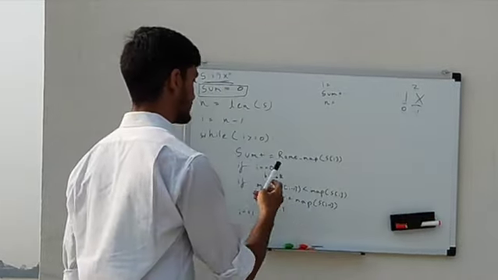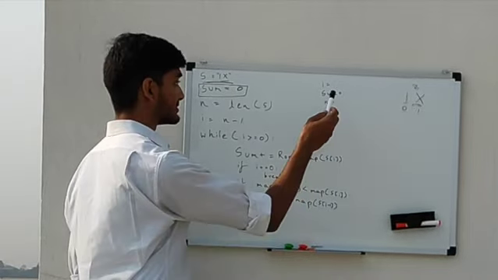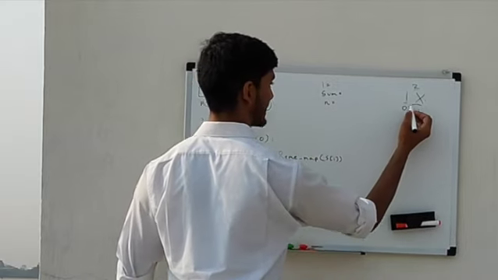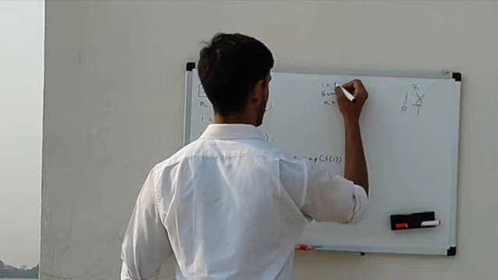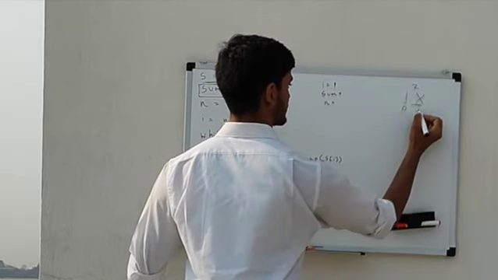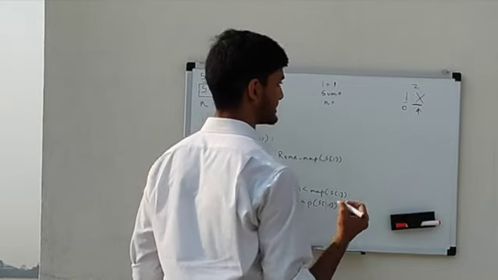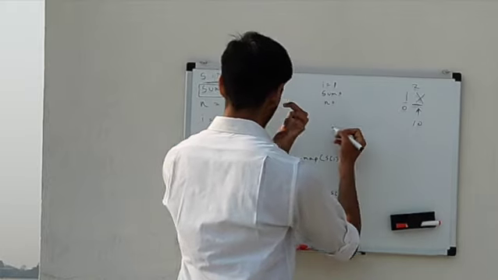And in this roman map, we'll add sum plus equals romanMap of s of i. So here if you look at it, sum is now updated. We have i as 1 currently, so it's pointing to the digit X, and X, as we all know, is 10. So sum will be 10.